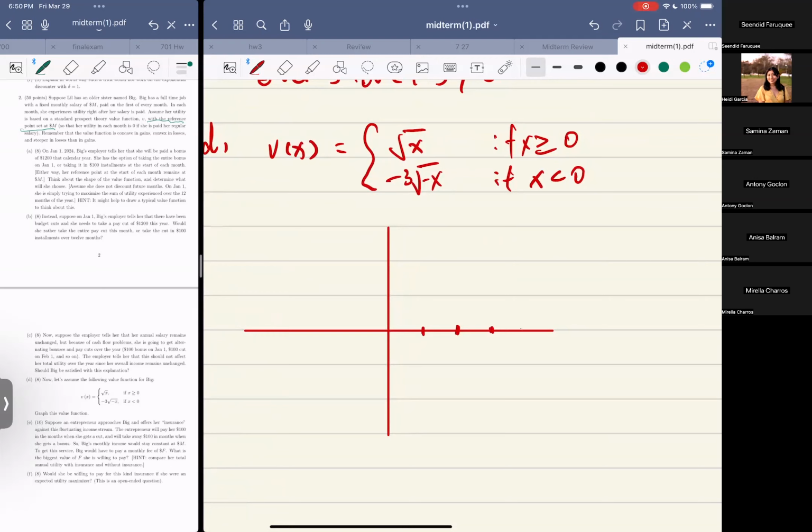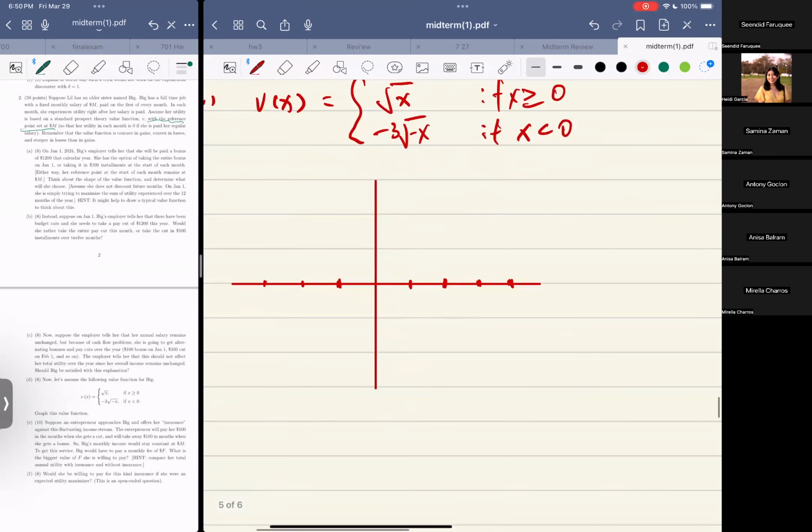When you're doing a graph on the exam, if you have time, draw it proportionally if you can, because it might give you insight into the question. But if you don't have time, then it's okay. So this is plus 100.